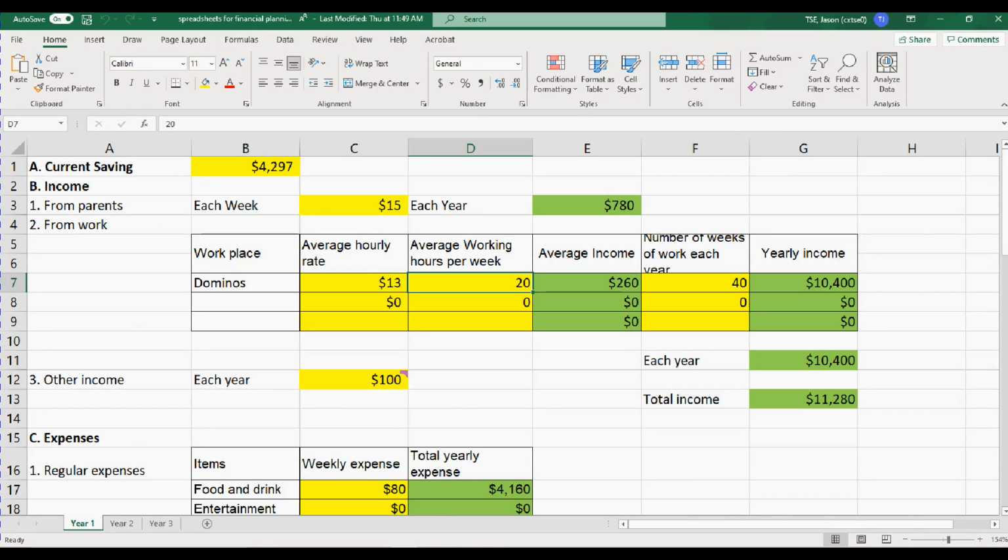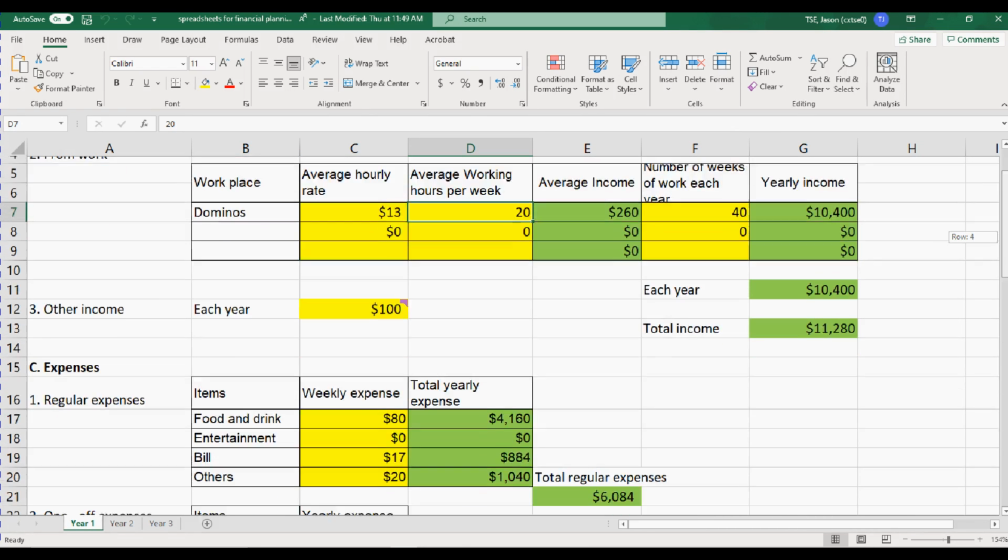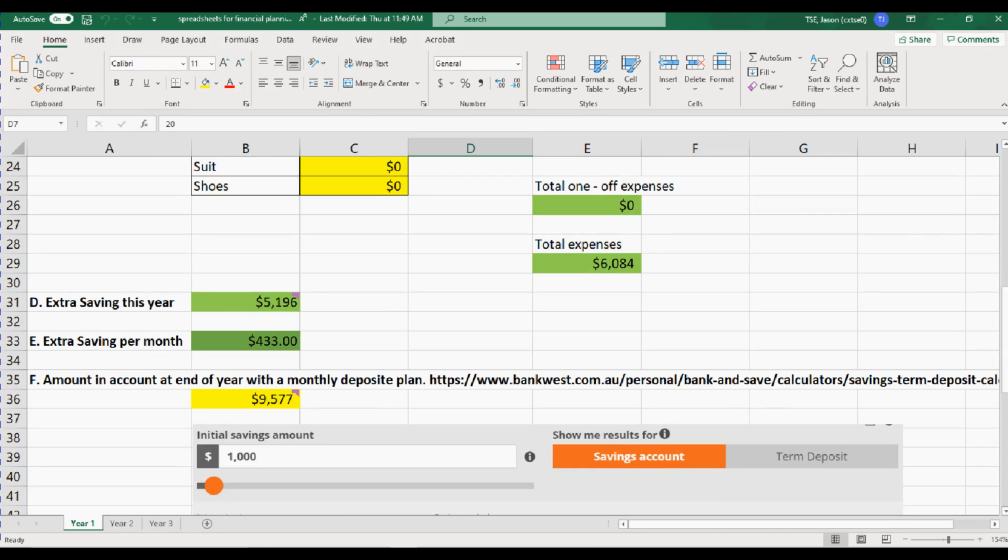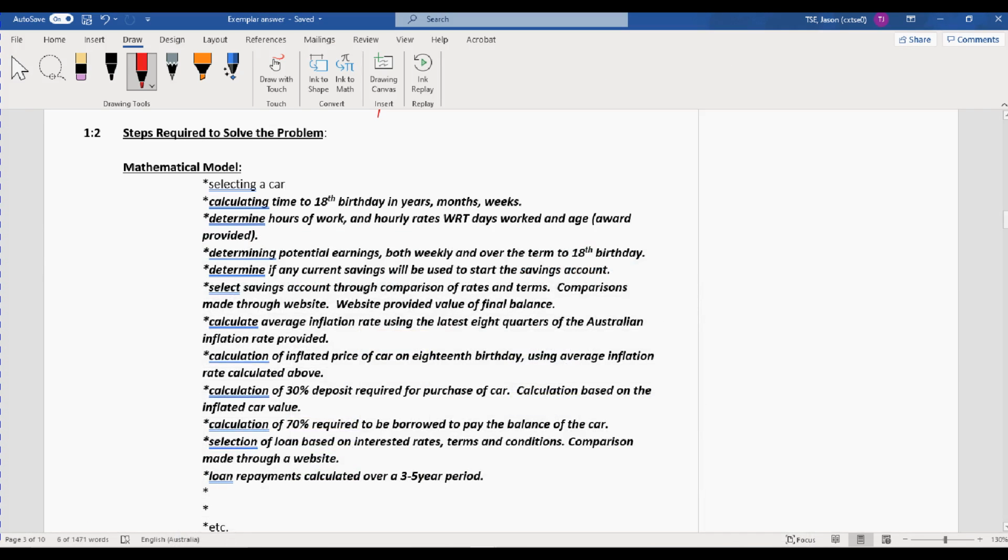The first thing we actually did is to calculate the income and expenses. Then we get the extra saving, and then we select an account for each year. You need to find that one. We've done determining hours of work and hourly rates with respect to days of work and age, and secondly, determining the potential earning, both weekly.